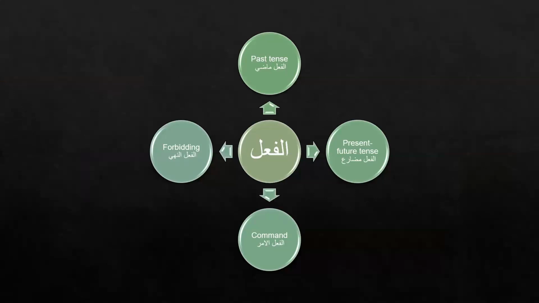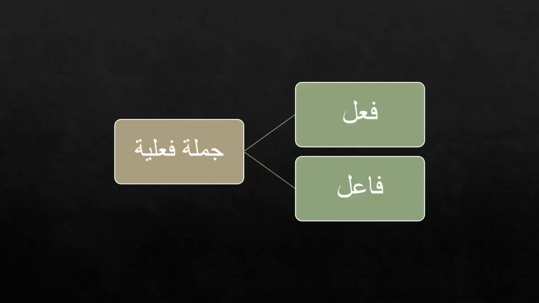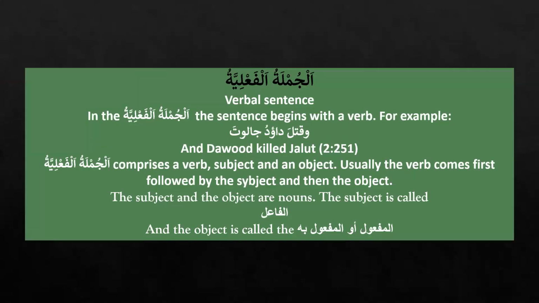And then we learned some more types of fail, which include Fail Amr and Fail Nahi. And inshallah, as we progress, we are going to learn each of them in detail.